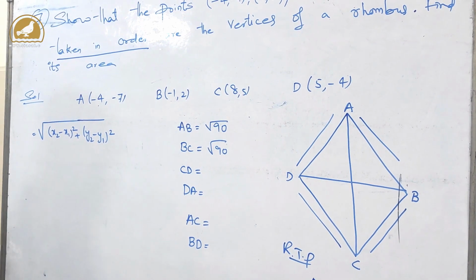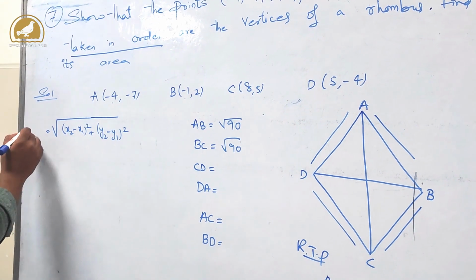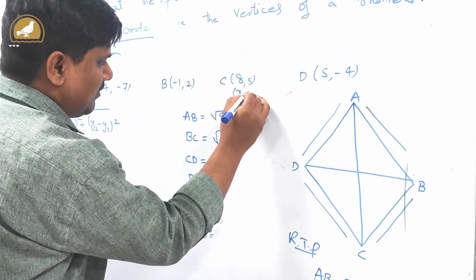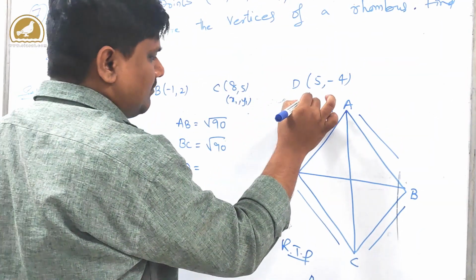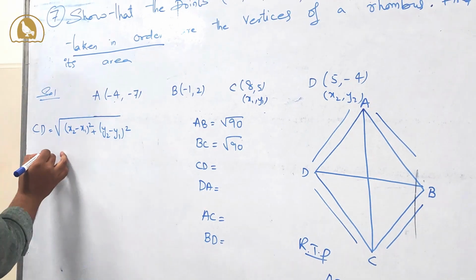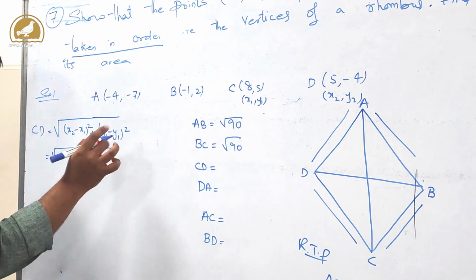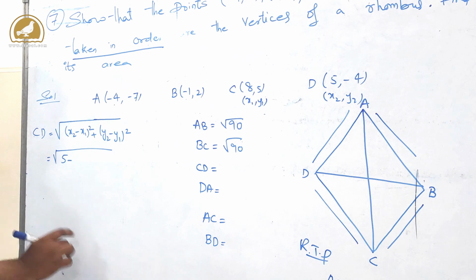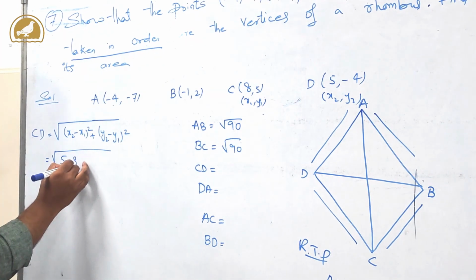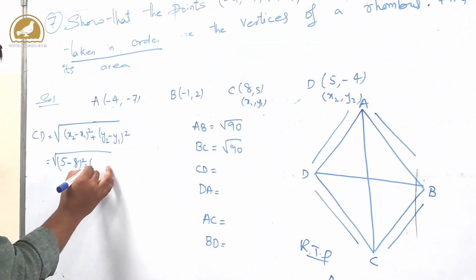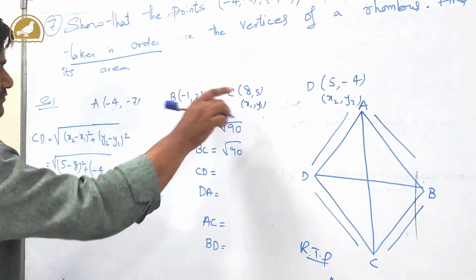Now we'll calculate the distance between C and D. C will become x1, y1 and D will become x2, y2. Substituting, the value of x2 is 5 and the value of x1 is 8. The value of y2 is -4 and the value of y1 is 5.